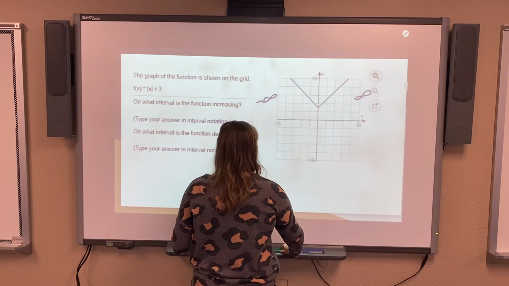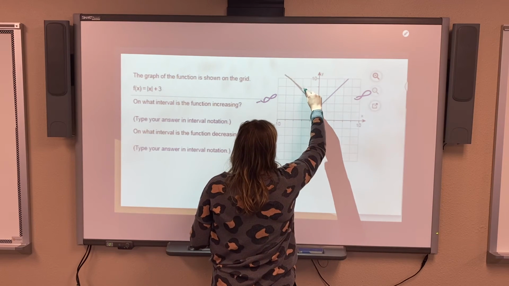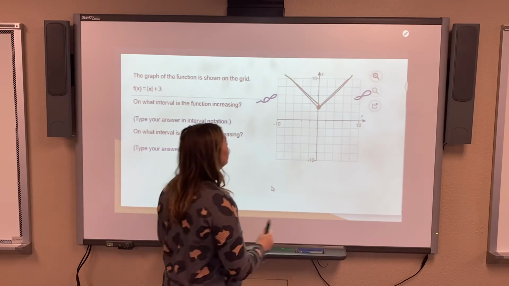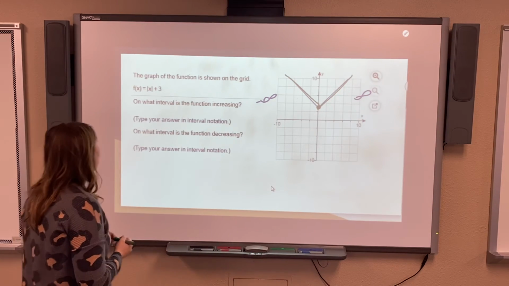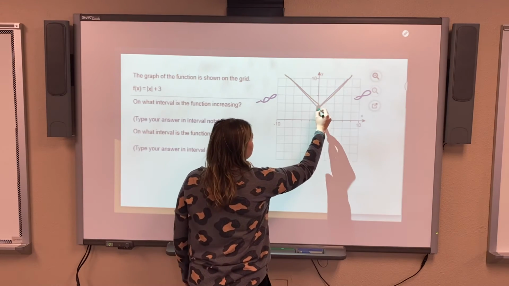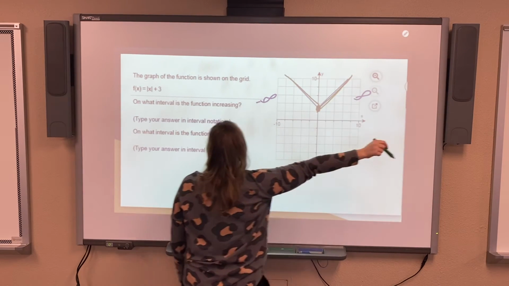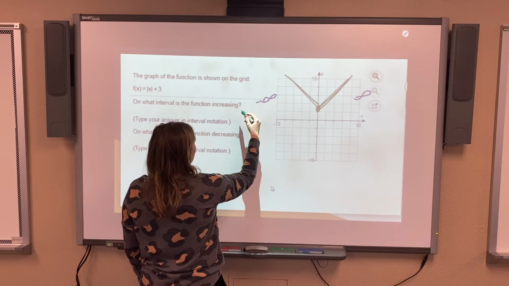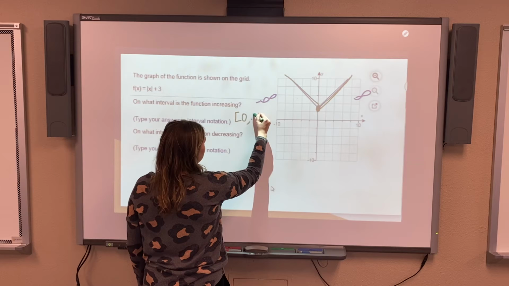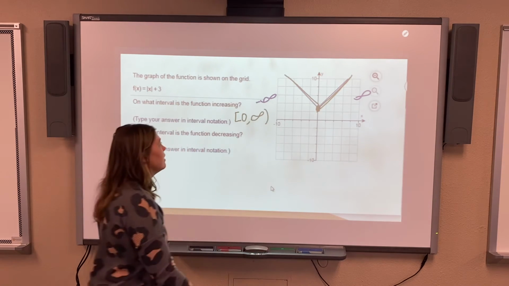Our graph starts by decreasing to here, and then it's increasing there. Okay, so what interval is the function increasing? It starts increasing from 0 to the right towards positive infinity. And so I'm just going to put right here, 0 is included, so it's a bracket, to positive infinity.